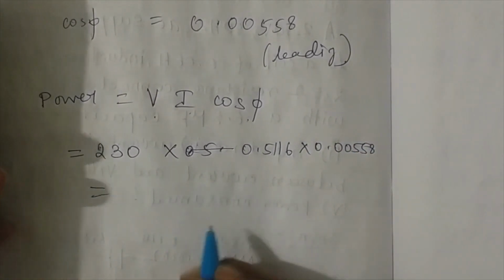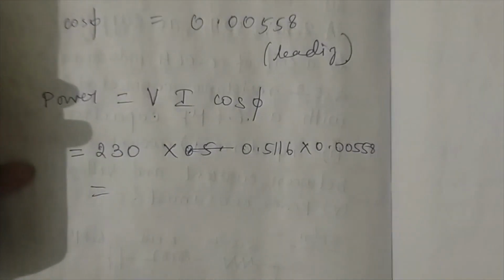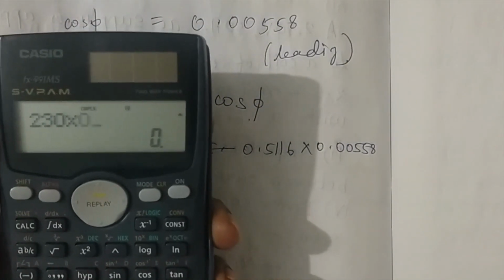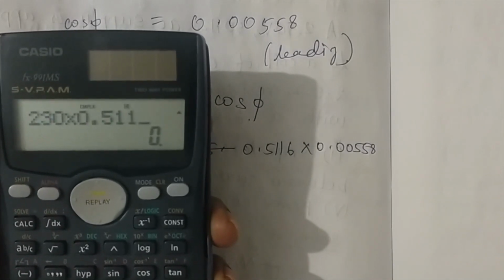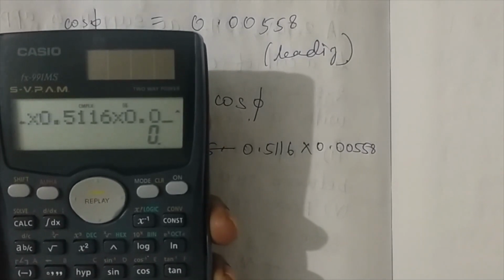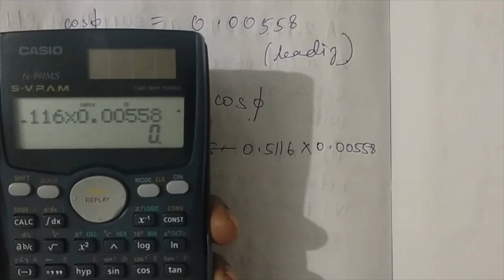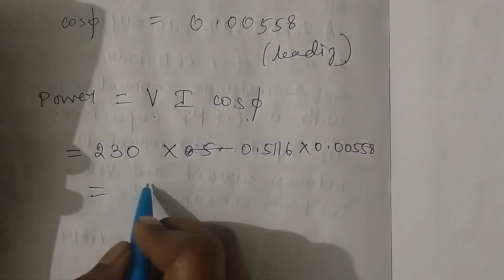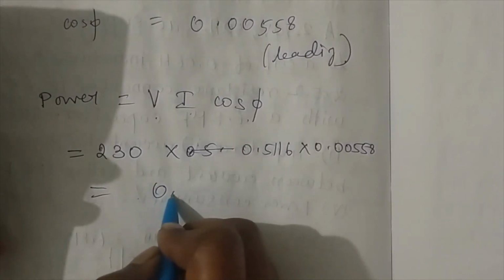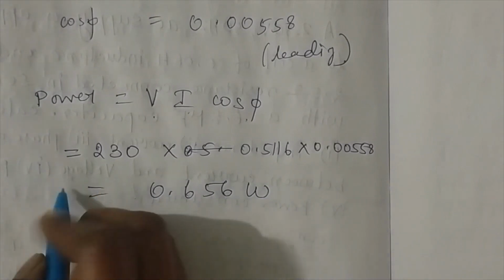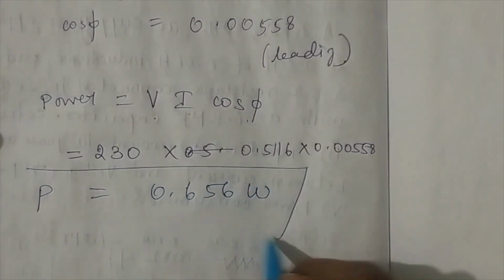So the answer is 230 into 0.5116 into 0.00558. So the power is 0.656 watt. Okay, that is the power.